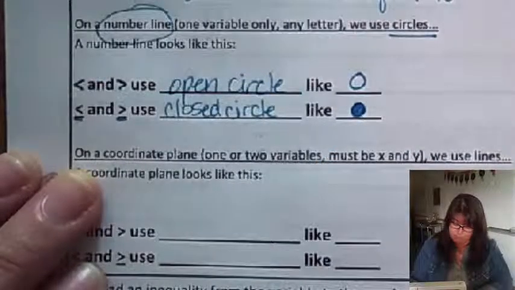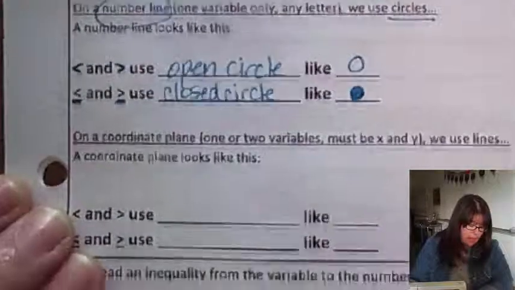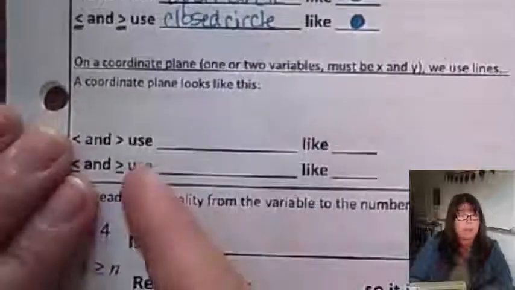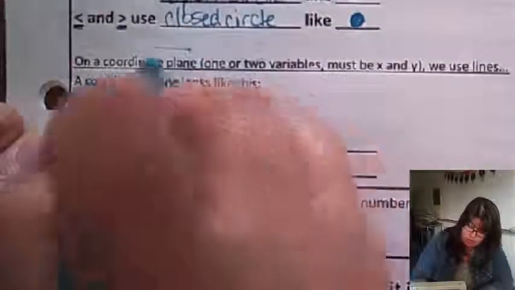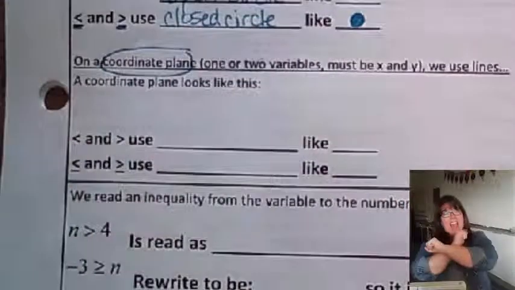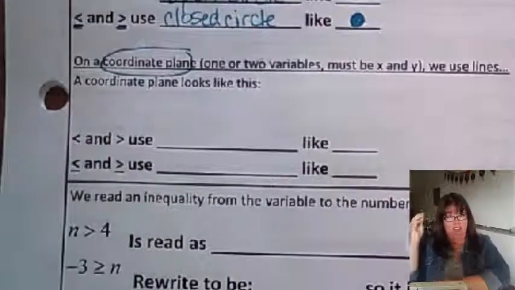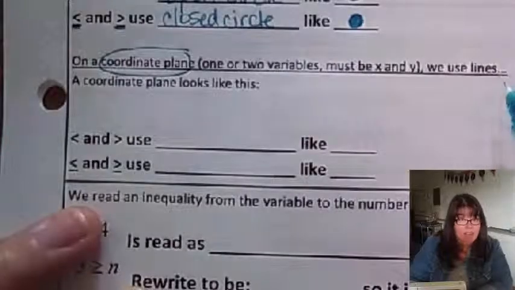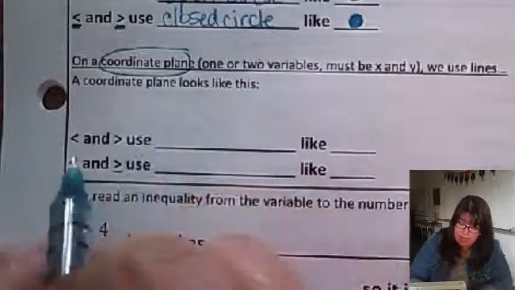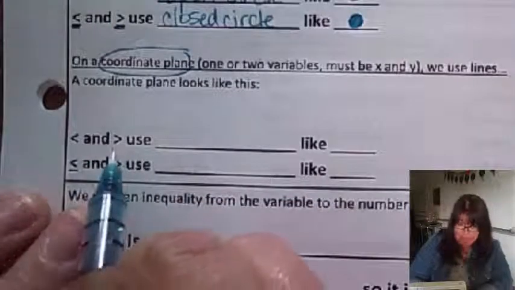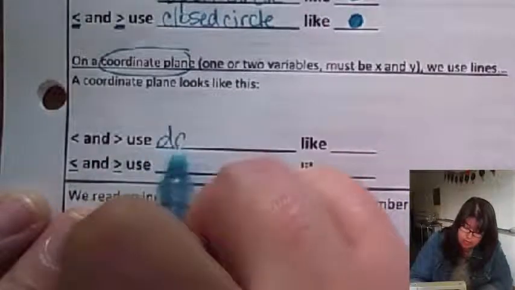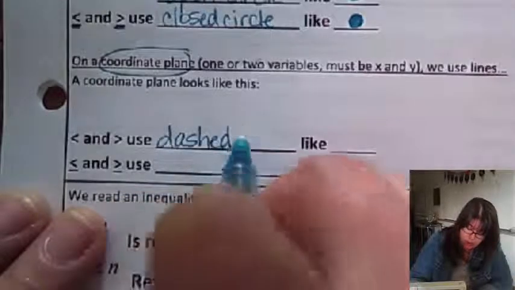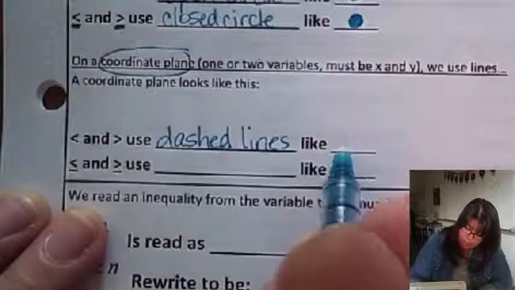Okay? So then if we're looking at a coordinate plane, that's where you have your X and Y axis, and we can graph lines on a coordinate plane. We are going to use lines. And on a coordinate plane, it'll look like this. The ones that don't have the equal sign, we use what we call dashed lines, and it'll look like this.